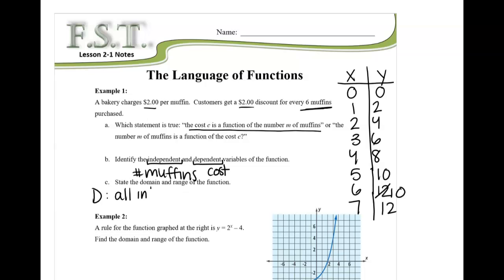Actually, all integers greater than or equal to 0, because you can buy 0 muffins. You just don't pay anything for it, okay? But if you look at our range, which is our y values, we only have even numbers. So our range is all even integers greater than or equal to 0.